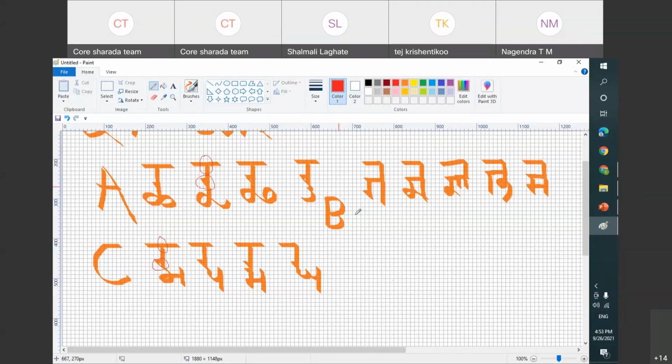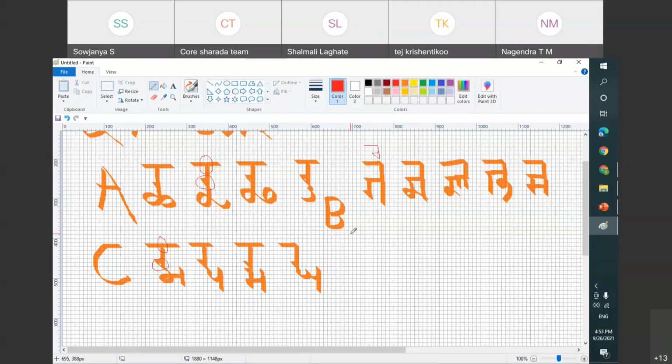Everybody is able to hear. So the difference here is this is not at the center. This is at the corner, and there is no triangle here. Okay, so that is fine. That is the difference here. This was for the B category. So simple.